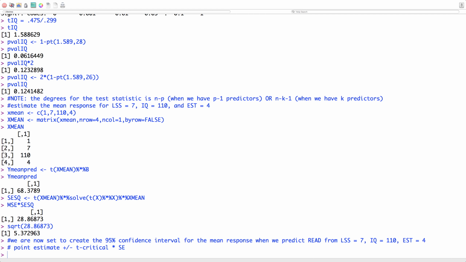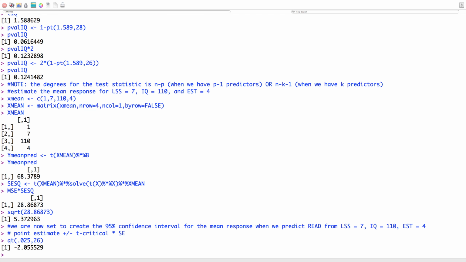All right, well, that's going to be really easy to do. We can just do this with QT. And in QT, we want for a 95% confidence interval, the lower bound is going to have 0.025 area below, and we have degrees of freedom n minus k minus 1 or n minus p, which is 26. So QT is going to be this.